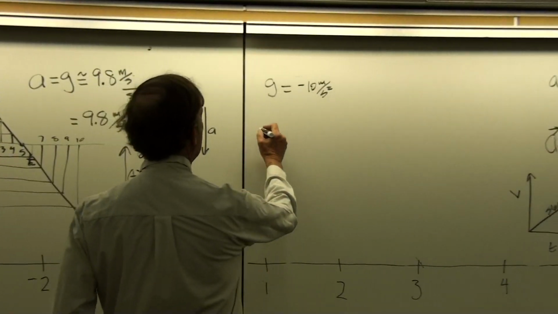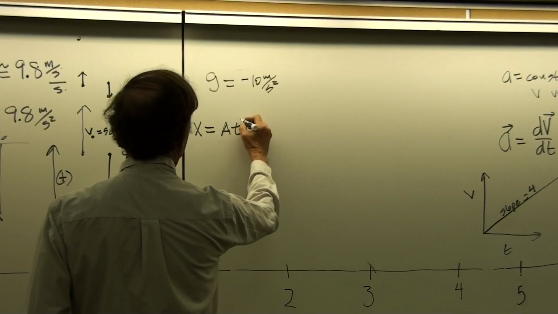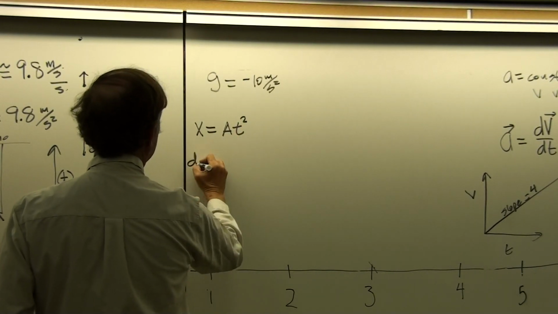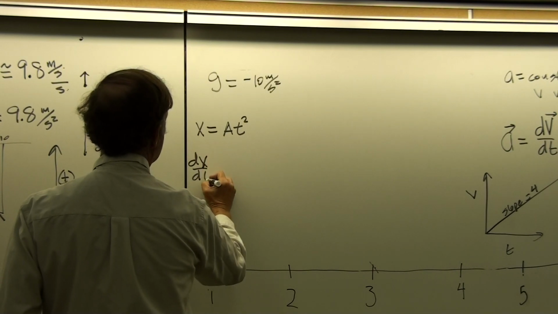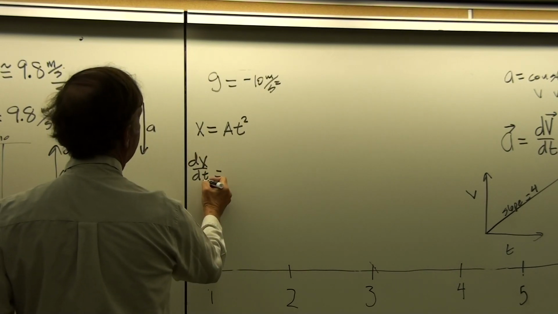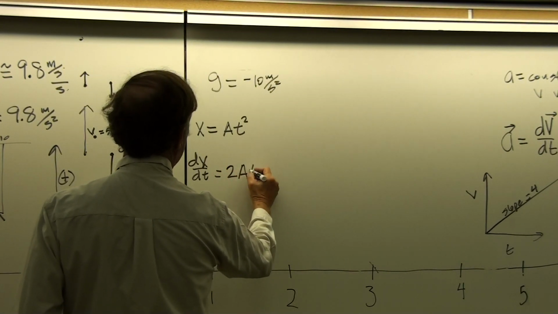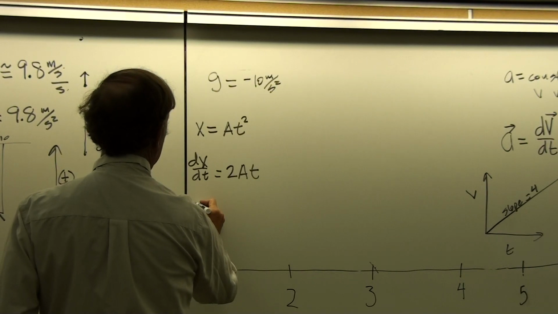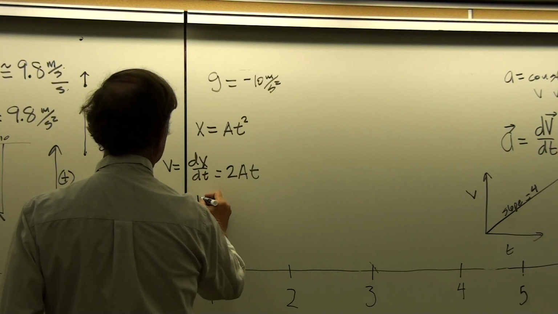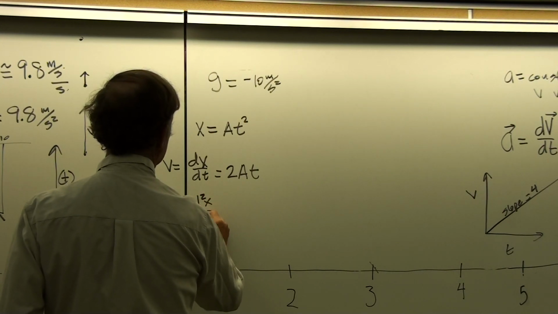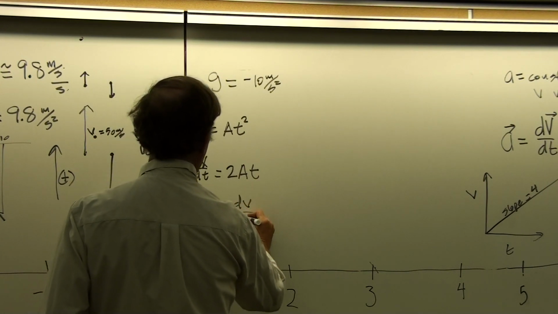How do we know that? Well, if we write x is equal to a t squared, then dx/dt, or the derivative of x with respect to time, is going to be 2at. And then that's your velocity, v. So we can either write it as the second derivative of x or as the derivative of velocity.